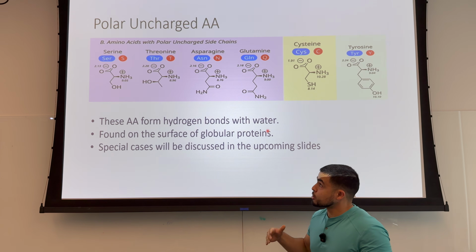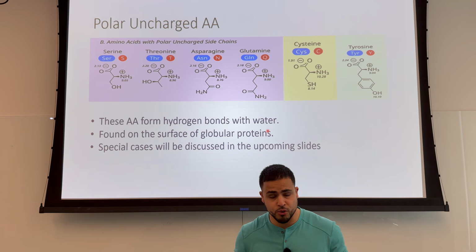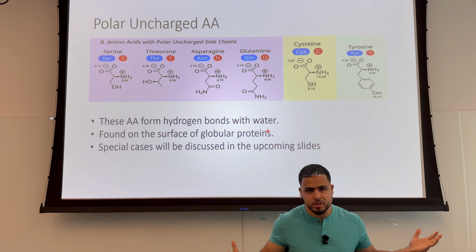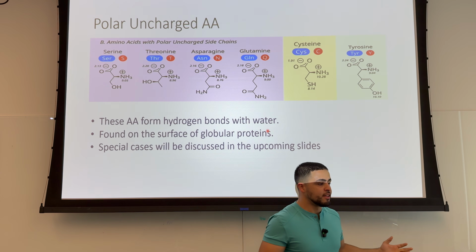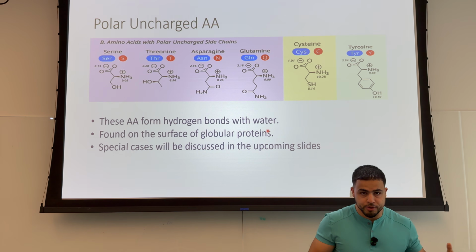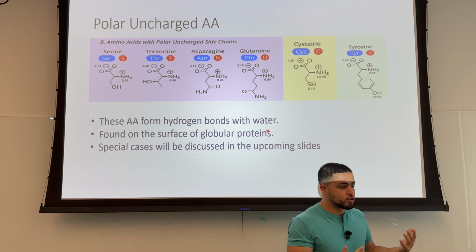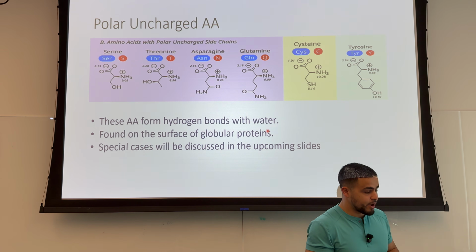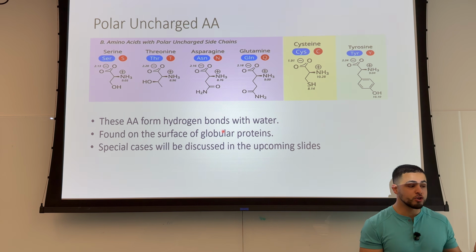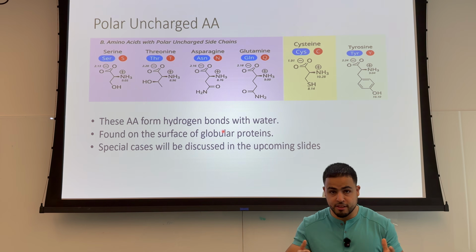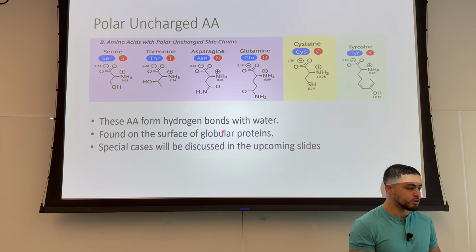All right, next let's talk about the polar uncharged amino acids. So these amino acids are quite the opposite of the hydrophobic amino acids. They interact with water, with aqueous environments via hydrogen bonding or dipole-dipole interactions. They're found on the surface of globular proteins because, again, that's going to be interacting with the aqueous environment.